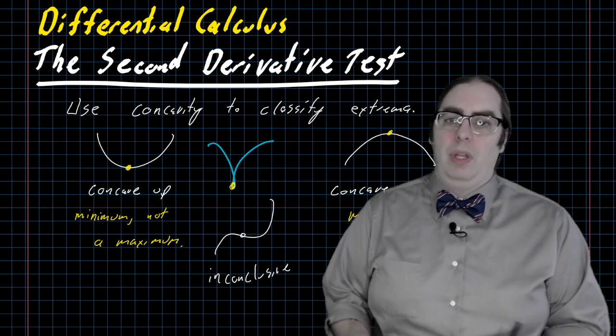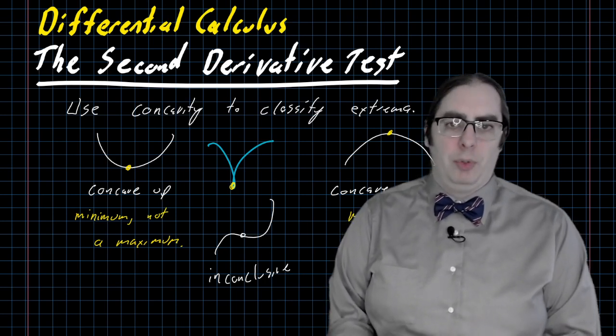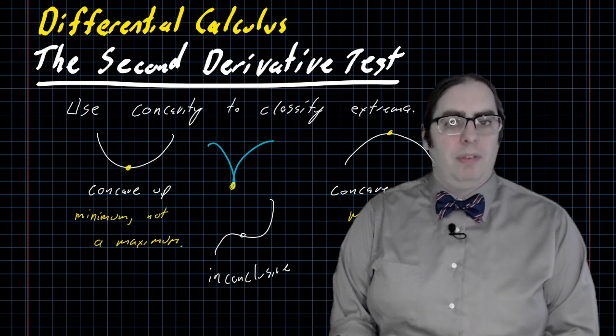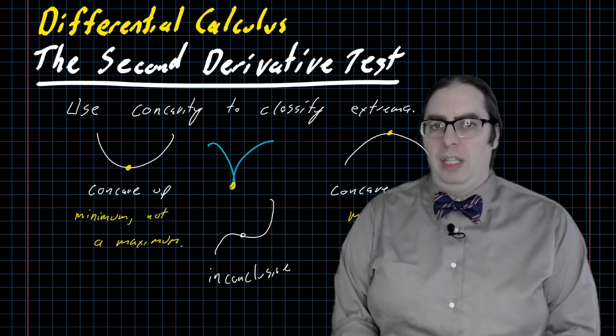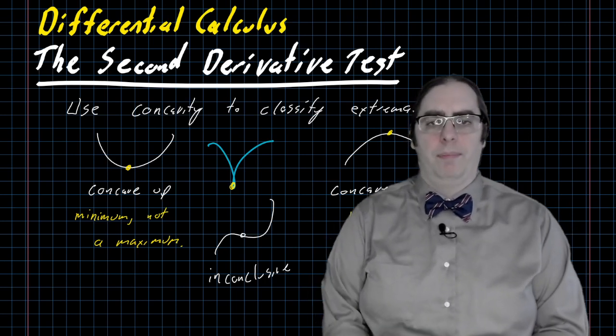If the second derivative is 0, it's neither concave up nor concave down, the second derivative test is inconclusive, and you'll want to go back to the first derivative test that we've used before.